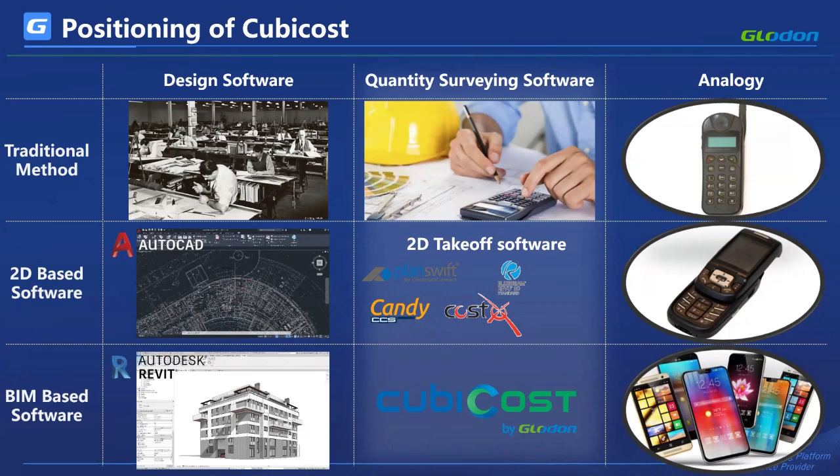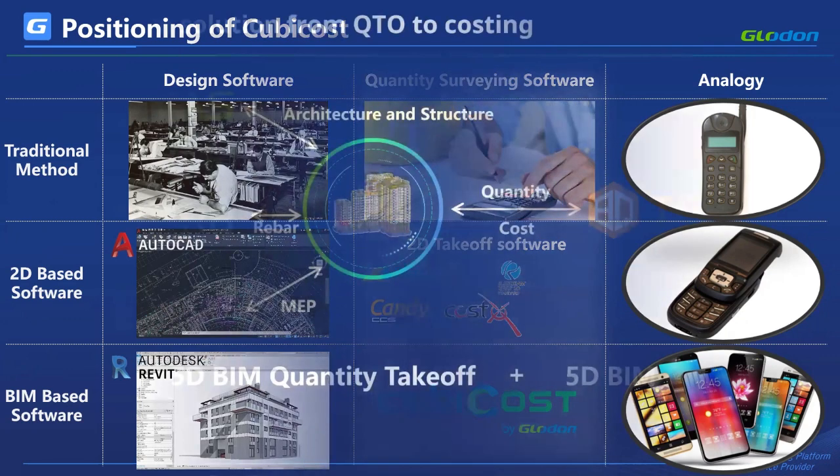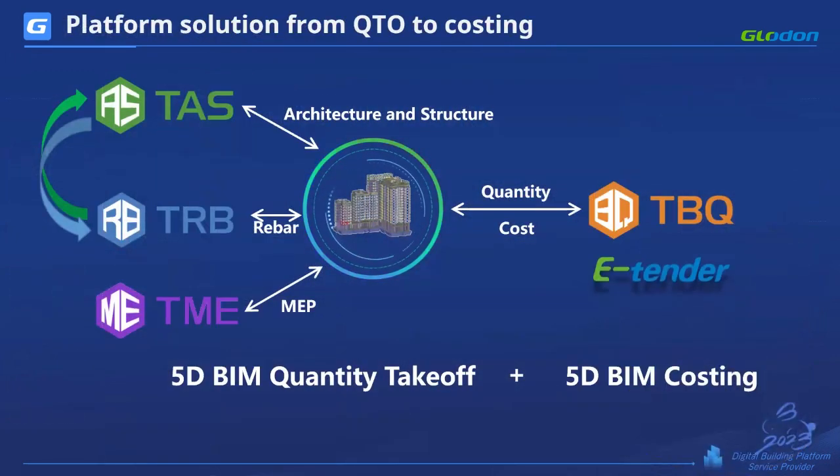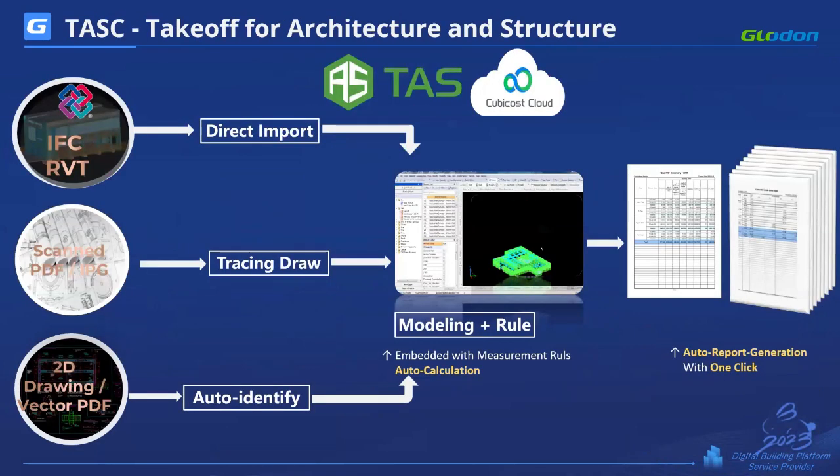Then Revit and CubiCost. That is the smartphone. Okay, now we have to adapt to this technology, otherwise we will be too late. And you can see TAS, TRB, and TME. Those are our measurement tools. Okay, and we can use TBQ and e-tendering for cost estimation.